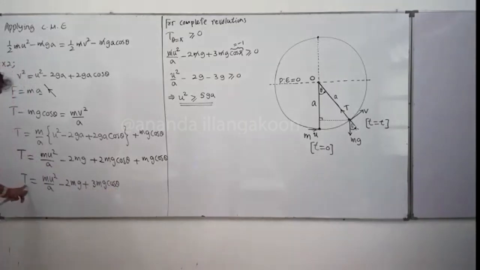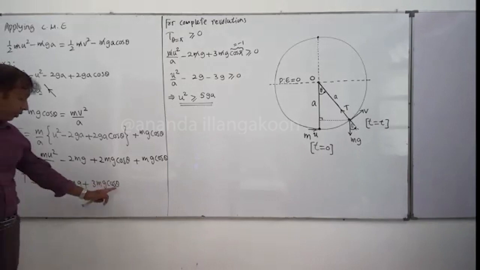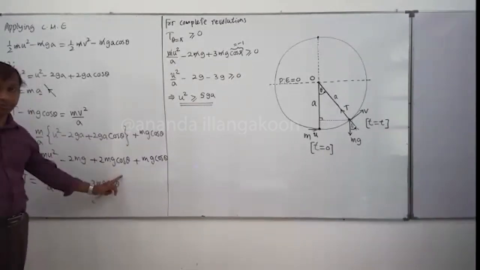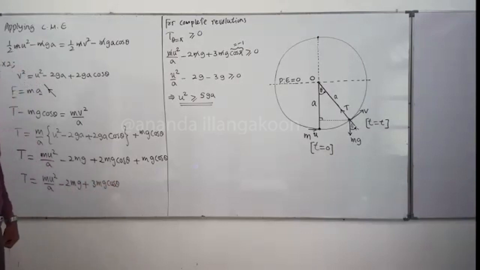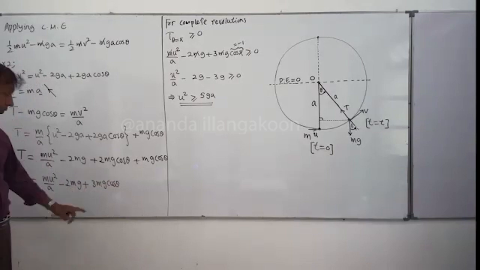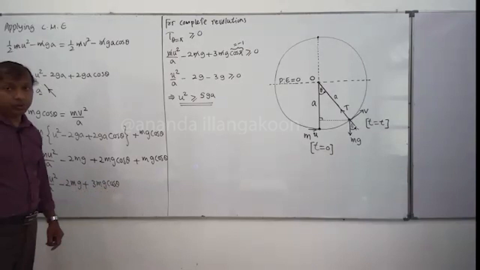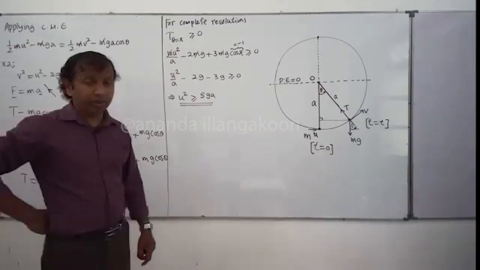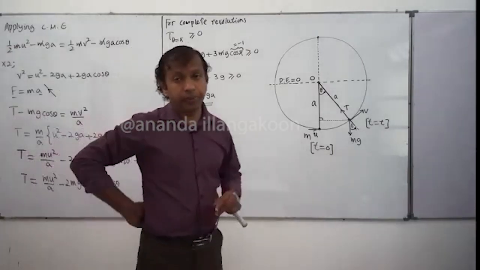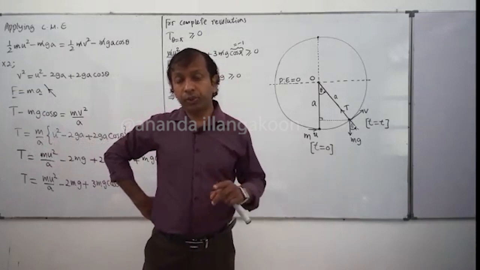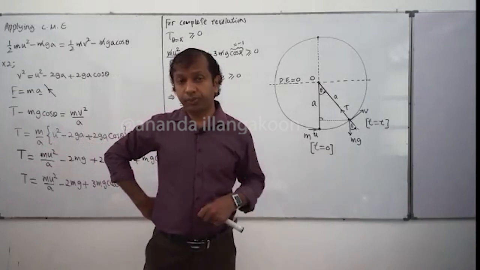For this tension to be maximum, cos theta must be maximum. Then tension becomes the maximum value when cos theta is maximum. Cos theta maximum is 1. For cos theta to be 1, theta should be 0.